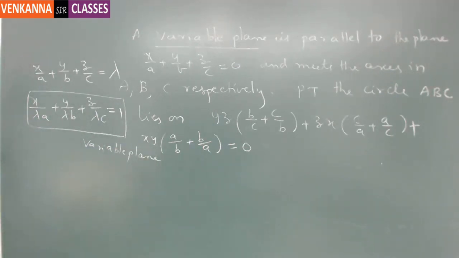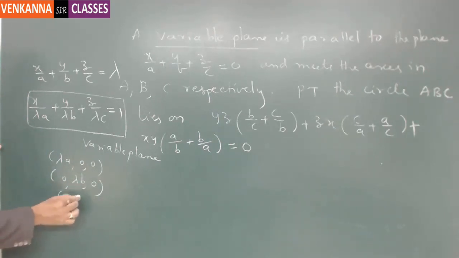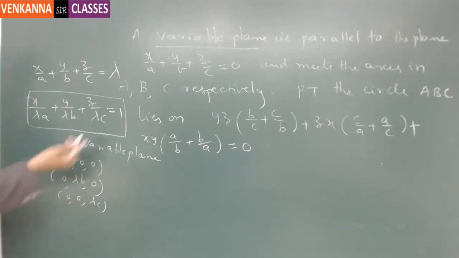So at this point you can say the x intercept is (lambda a, 0, 0), the y intercept is (0, lambda b, 0), and the z intercept is (0, 0, lambda c). As per the problem, they are nothing but the points A, B, C respectively. Any questions to anyone still at this point?